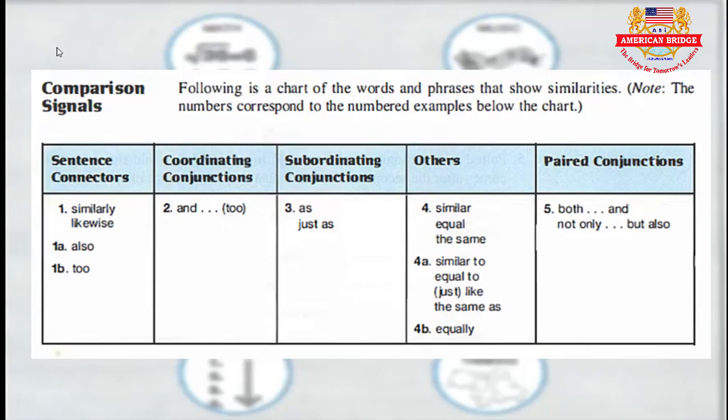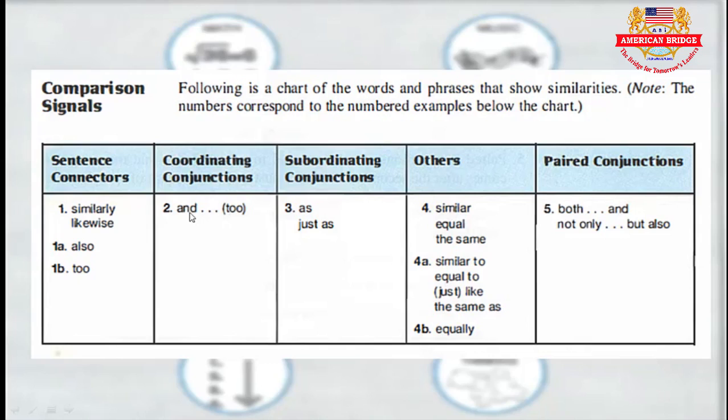If we talk about coordinating conjunctions, we have the word and, using and to show comparison between sentence and sentence. Subordinating conjunctions like as or just as we often use in the comparison paragraph as well.